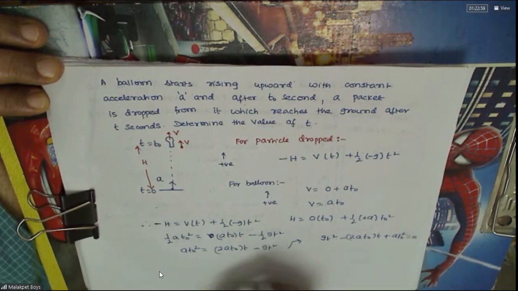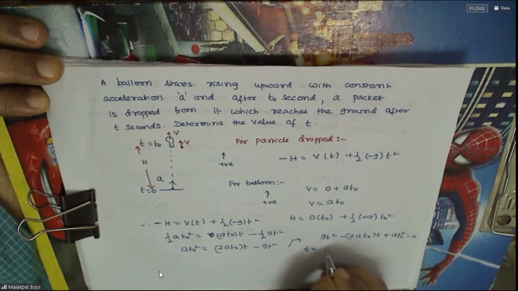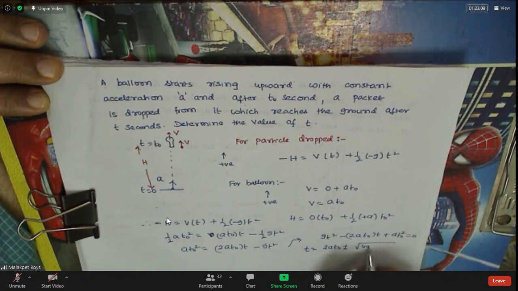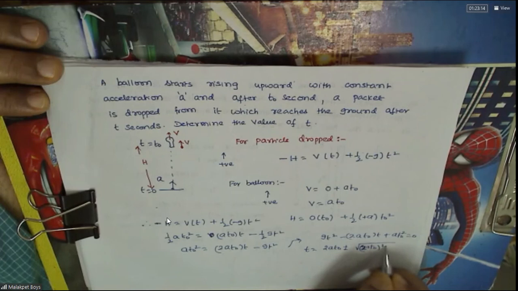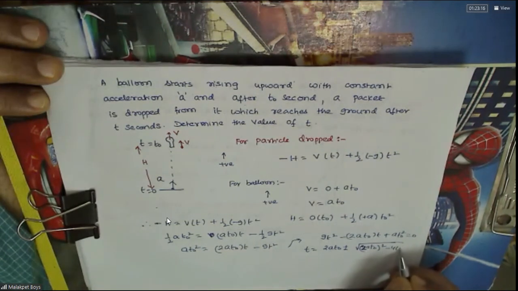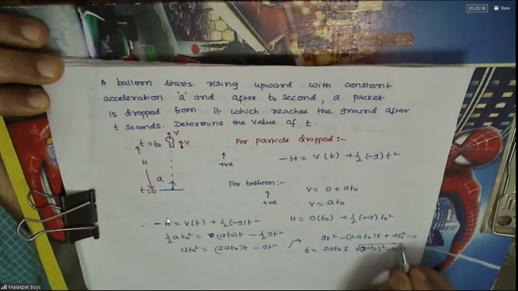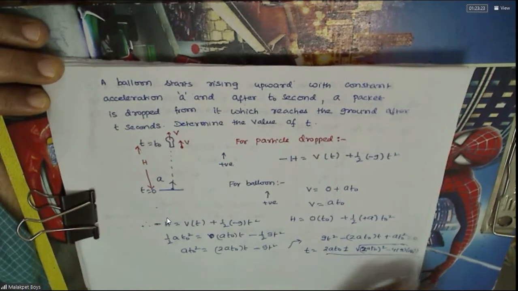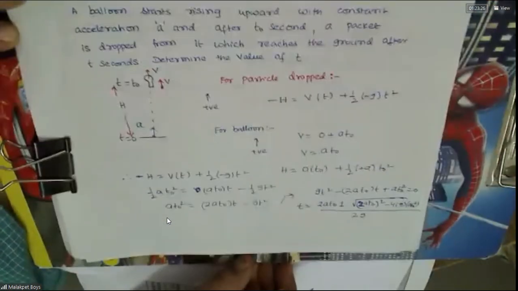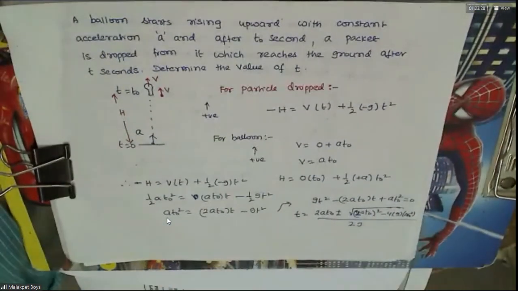This is a quadratic, no? You can find t equals minus b plus or minus root over b square minus 4ac. What is c? Sir, 2g. Minus h means minus a t naught square, no? Where, which one? Sir, in the bottom corner, minus h is equal to vt.